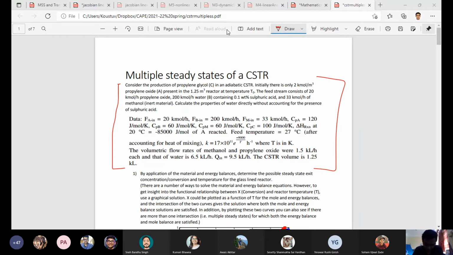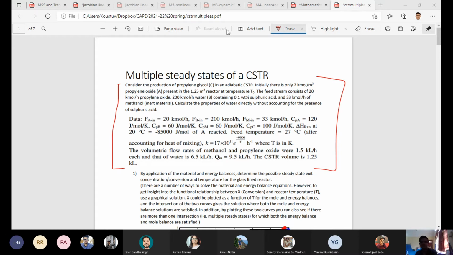In fact, I was looking at one example apart from this. I will highlight that in tomorrow's class, so that you have a broad understanding that it is not restricted to here, but in chemical engineering, in all sorts of unit processes, you will get this sort of analysis. So you write the unsteady state equations first, then make them zero to calculate the steady state, and then comment on that.